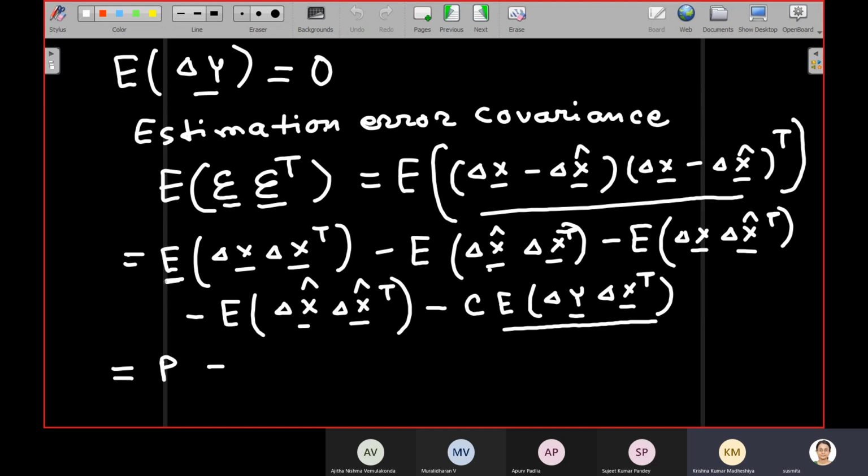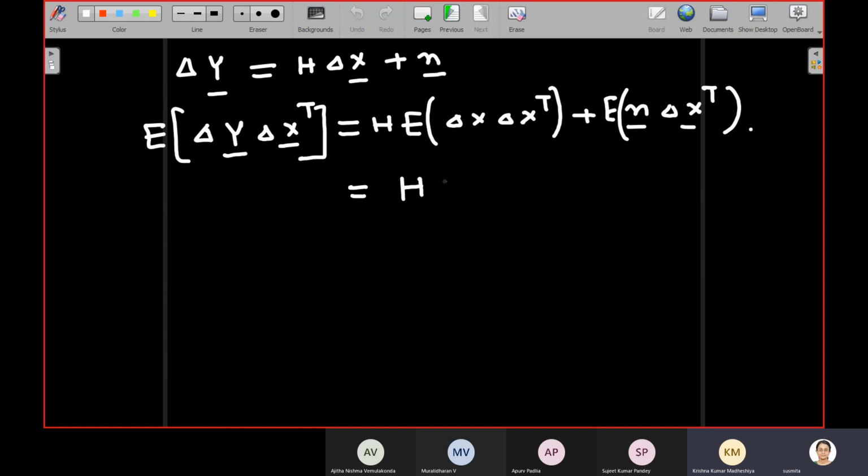So we already know this one, right? And how about this one? What can you say about this, the second term? Can you say anything about the second term? Delta x and n are independent, so this is 0.